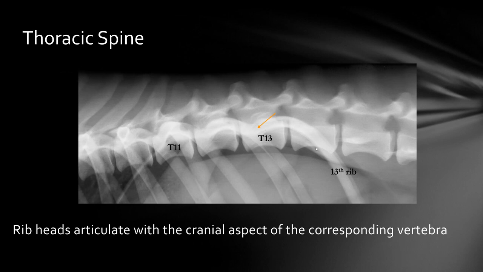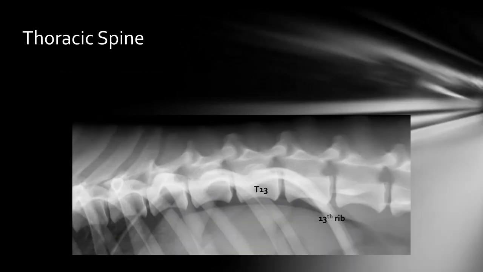And then after that, we are entering the lumbar spine. The thoracic vertebrae don't really have obvious transverse processes. They do have, of course, articular processes that articulate in the articular facet joints up here.